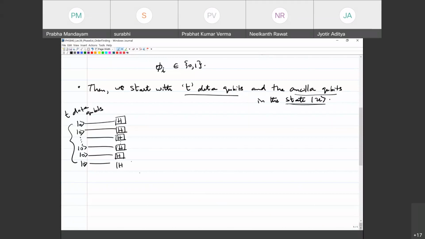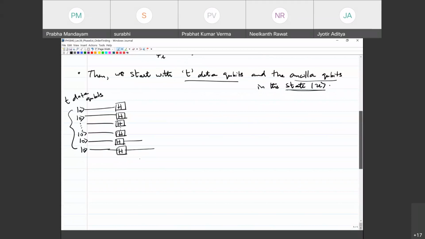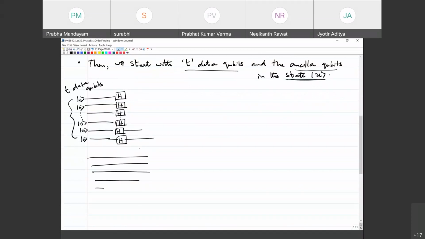And then what I showed you towards the end of class last time is you have this eigenstate U, which is prepared, right? The ancilla is in the state U. You start doing controlled unitary operations, and not just control U, but control powers of U. You start with the last qubit, the t-th qubit, and you do one control U operation.